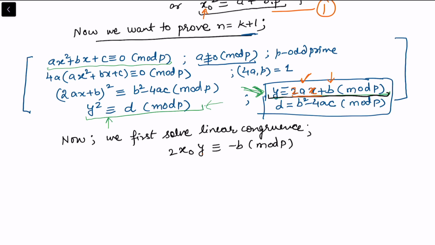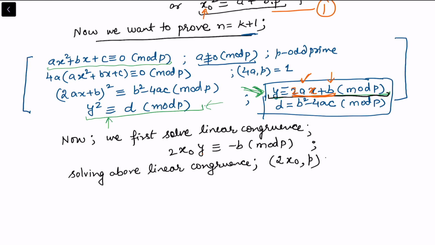So solving the above linear congruence, and we know why this is solvable: noticing that the GCD of 2 times x naught and p is equal to 1, because p is an odd prime here and 2 times x naught is an even quantity. So obviously this linear congruence is solvable because the GCD is 1 and 1 divides b. So this is solvable, and let's say the solution is y naught.